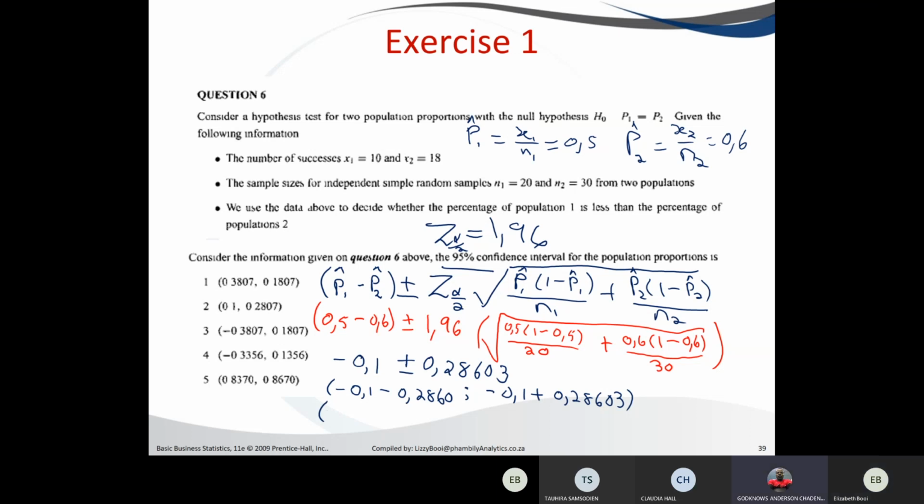The lower is minus 0.38063, and then the upper is 0.18063.